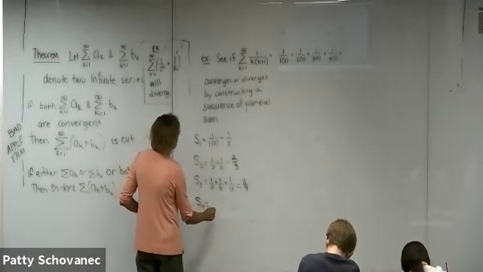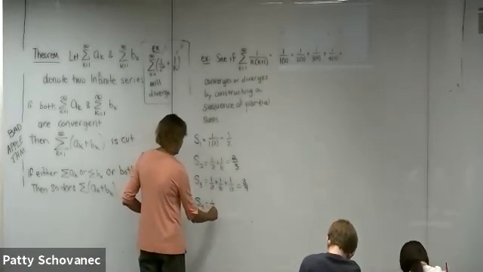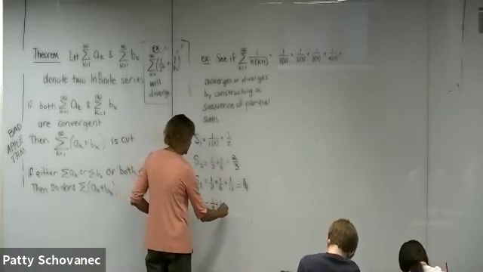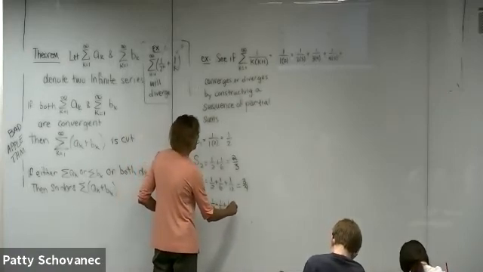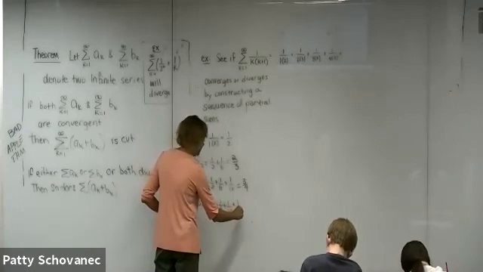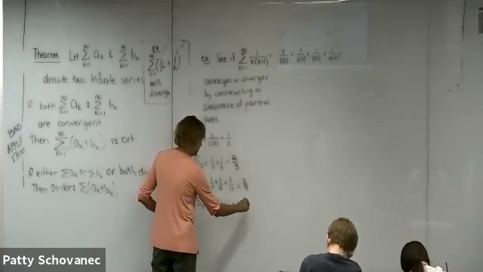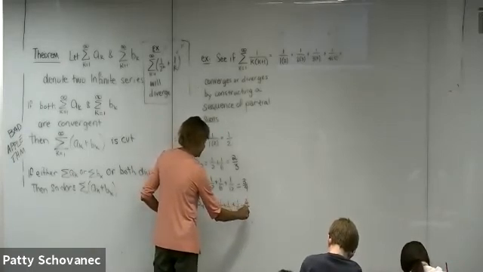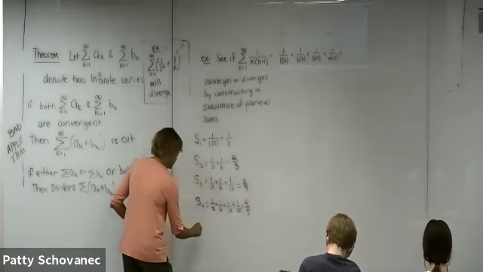S4 is a half plus a sixth plus 1/12 plus 1/20. That's 4/5. Sense a pattern? All right, so let's write it out.